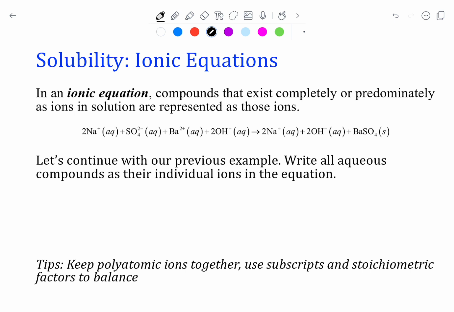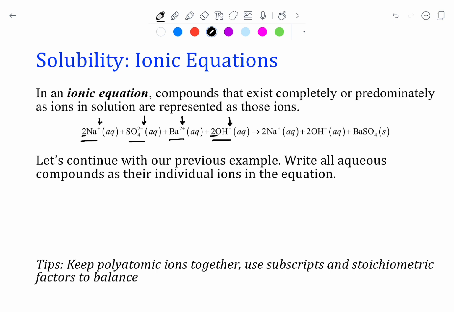So here we have our example from previous, where we had sodium sulfate and barium hydroxide, but instead of showing those aqueous compounds as one unit, we're separating them into their individual ions and properly accounting for their charges as well as any balancing that was needed.